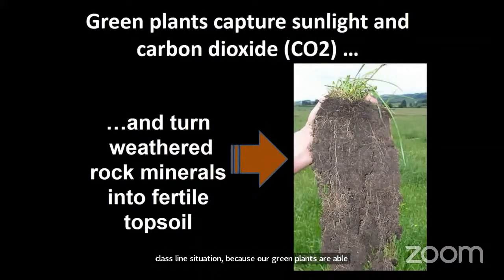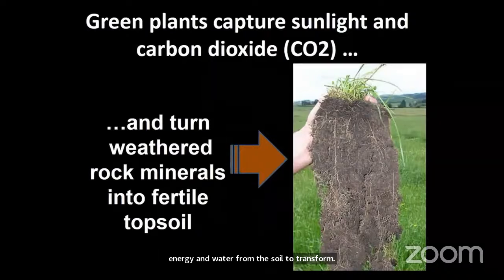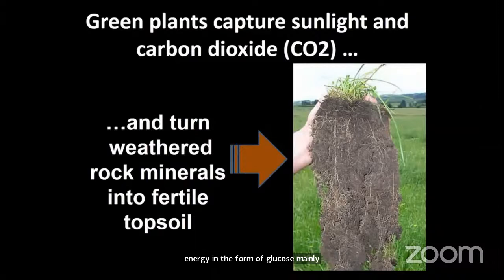So they're going to capture carbon dioxide from the air, they're going to utilise light energy and water from the soil to transform carbon dioxide, water and light into biochemical energy in the form of glucose mainly. And then that energy can be moved around inside the plant.